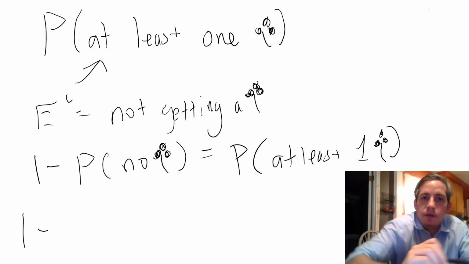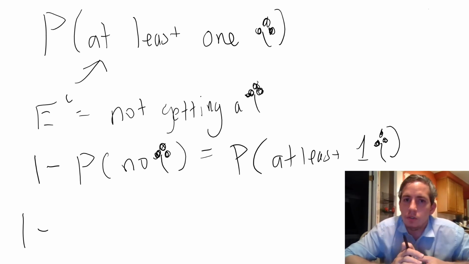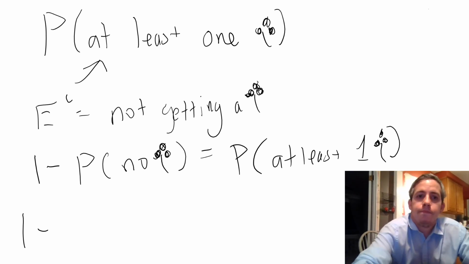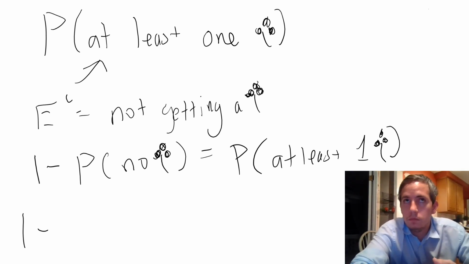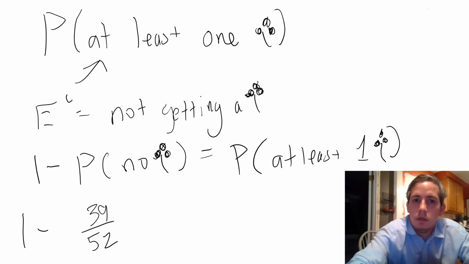So now, what's the probability of not getting a club? Well, I can use the multiplication rule. So the multiplication rule would say it's the probability of not getting a club the first time and not getting a club the second time. These are dependent events because I'm pulling two cards out of the deck. So I'm going to take the probability of not getting a club the first time, which would be 39 out of 52 because there are 39 cards that are not clubs.